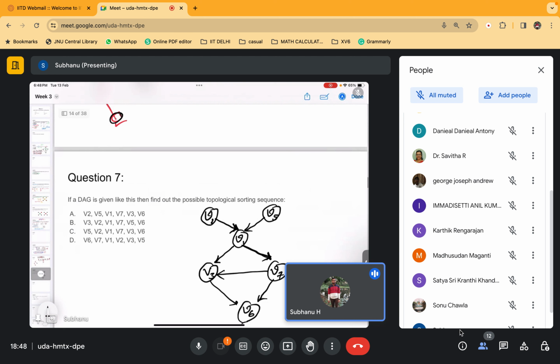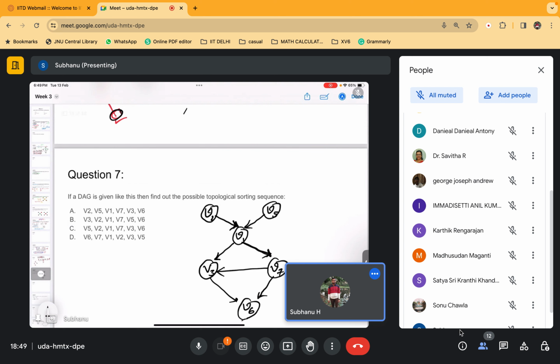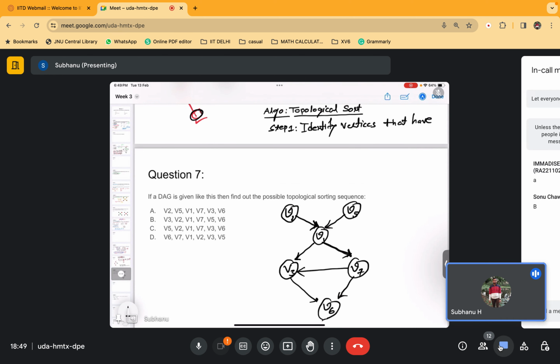If I write the algo of the topological sort, please try to solve it by yourself and put the answer in the chat.